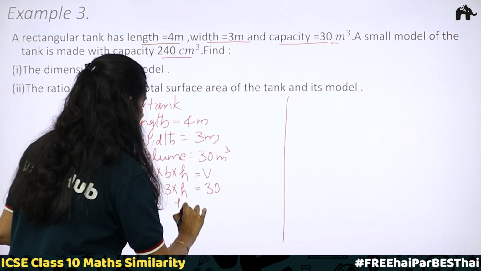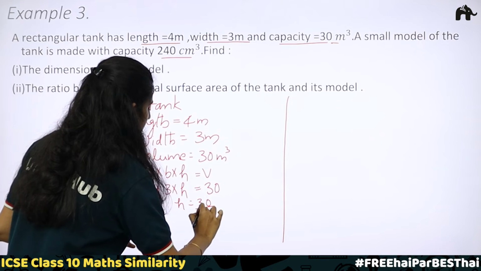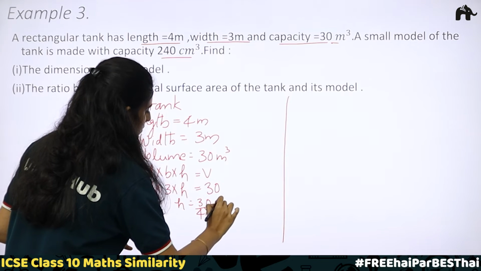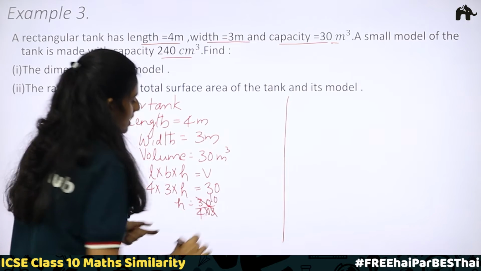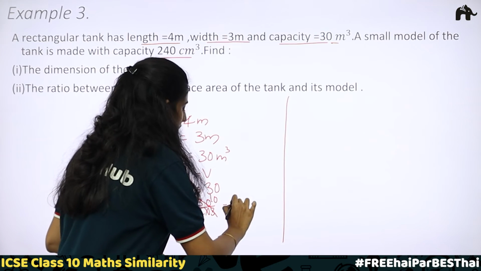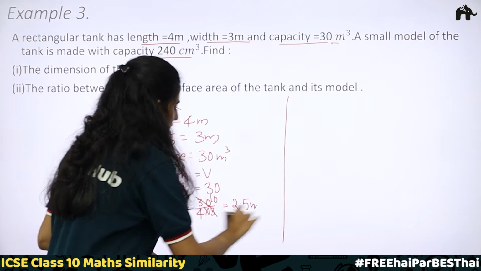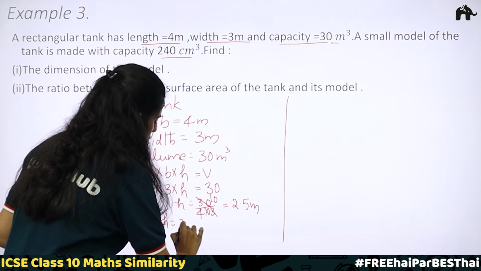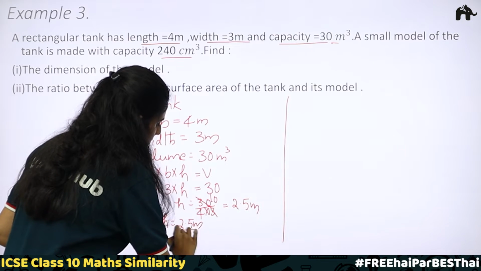Then what is h? h will be equal to 30 divided by 4 into 3. 3 and 30 can be cancelled. We get 10. 10 by 4 is equal to 2.5 meter. Therefore, height h is equal to 2.5 meter.